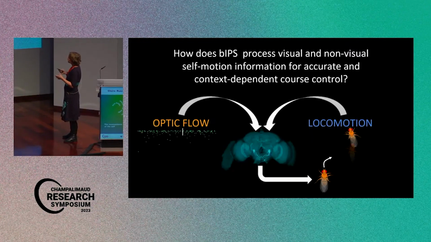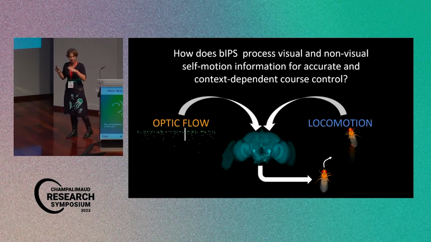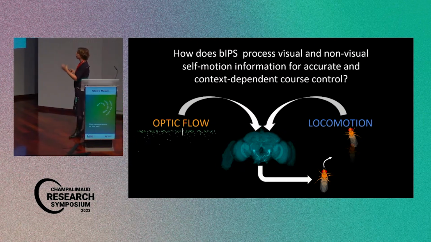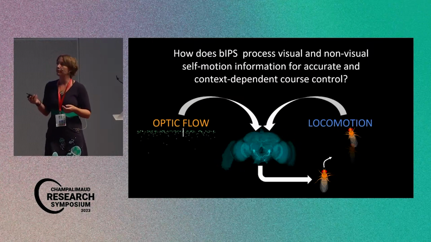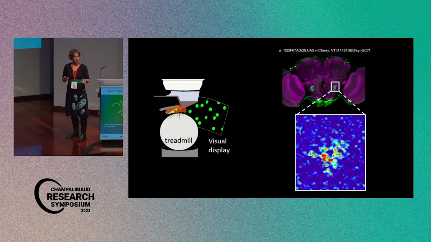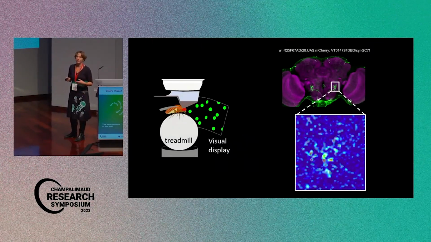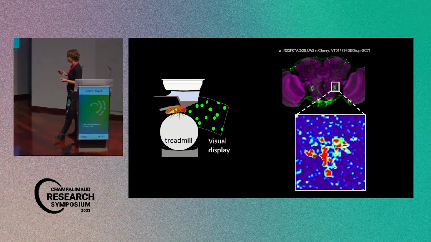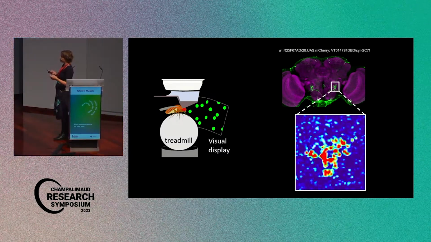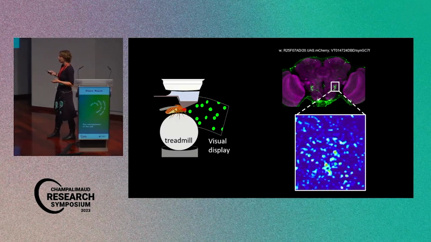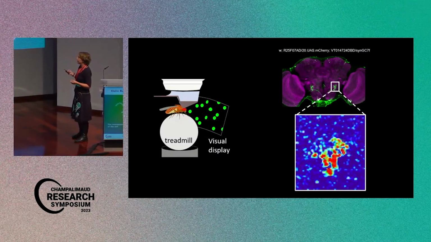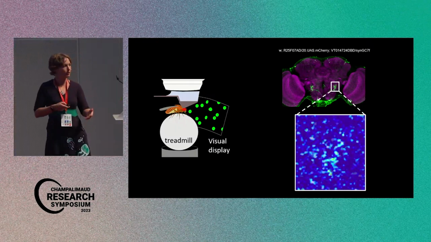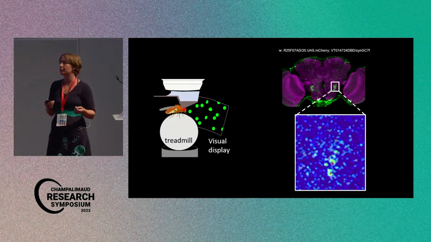OK, so how can we answer this question, putting BIPS at the center of integrating optic flow and locomotion for course control? In order to better understand what's going on, we are doing calcium imaging, most of the time in behaving animals. As you saw this morning in the talk, it's very similar: we have a floating ball, a fly that can walk on it, and under an objective we have a visual display where we can or cannot project stimuli depending on the experiment.